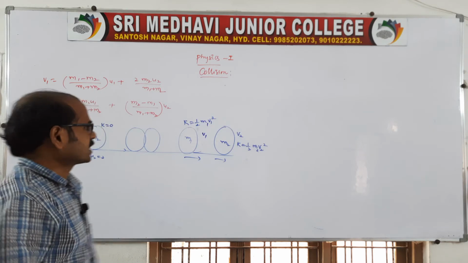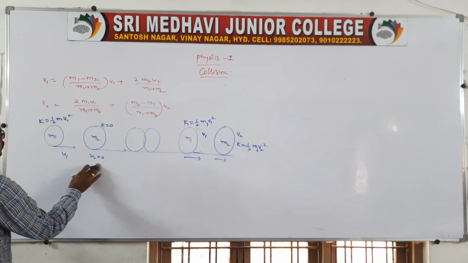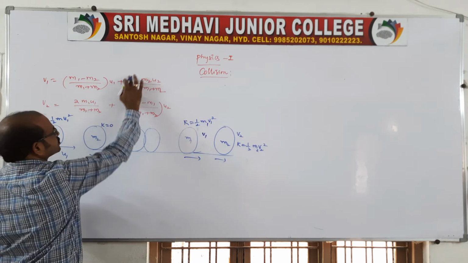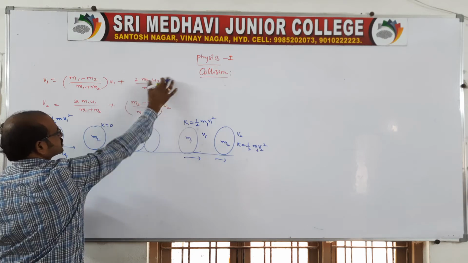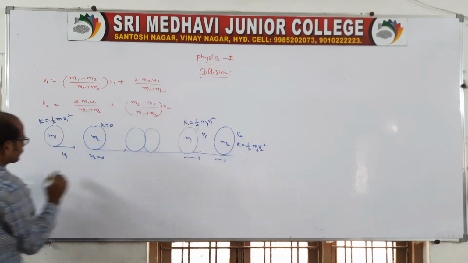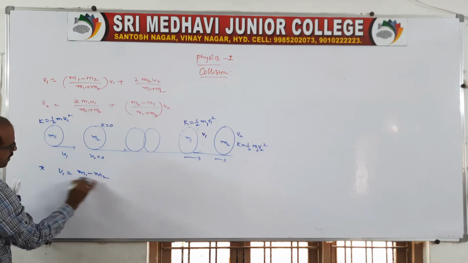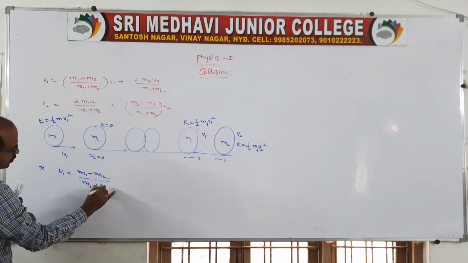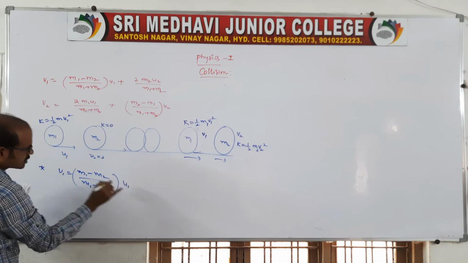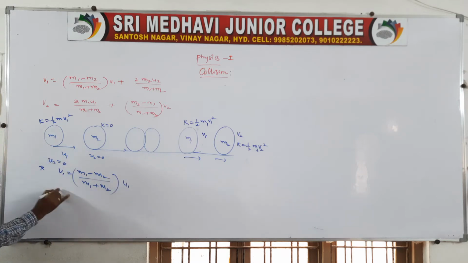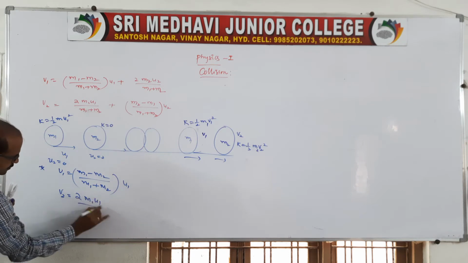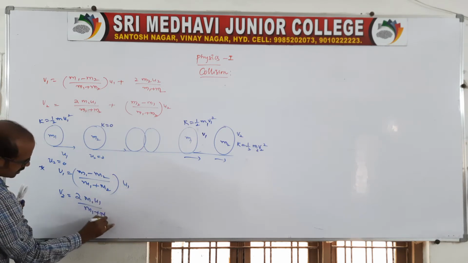Now here the condition will be u2 is 0. Suppose you write u2 as 0, it becomes 0, and this also becomes 0. Therefore you take v1 equal to (m1 minus m2) by (m1 plus m2) into u1, because u2 is 0, and you take the after collision kinetic energy like this. Clear? Second body is at rest.